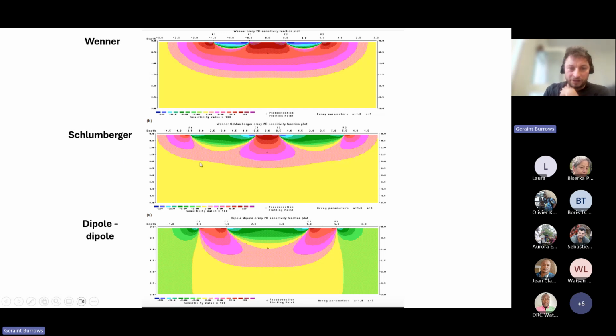Whilst in a Schlumberger array, the key signal being recorded is deeper but laterally less extensive, so it's giving you more information about the depth just below the center of the array. And then the dipole is getting its averages from two locations, more on either side, rather than the center of the array.